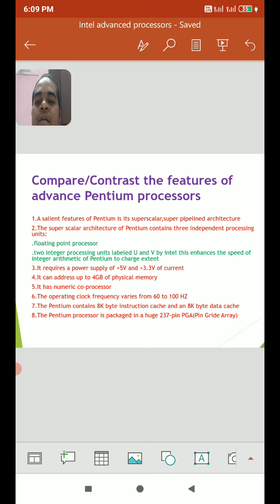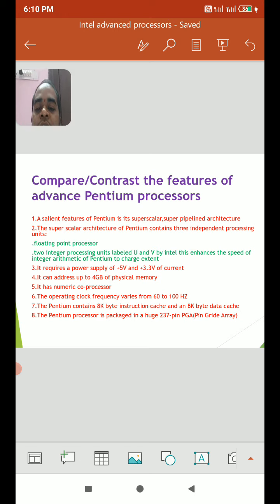We know that the Pentium contains 8 kilobytes of instruction cache and 8 kilobytes of data cache. So two types of caches are present here, code cache and data cache, both of 8 kilobytes.